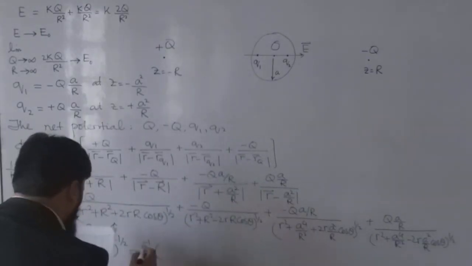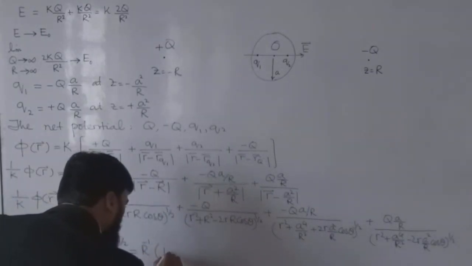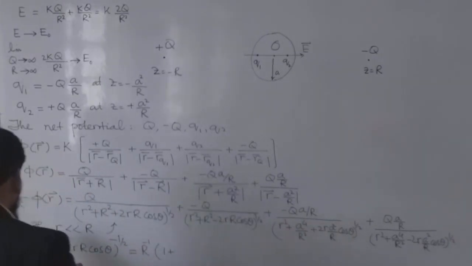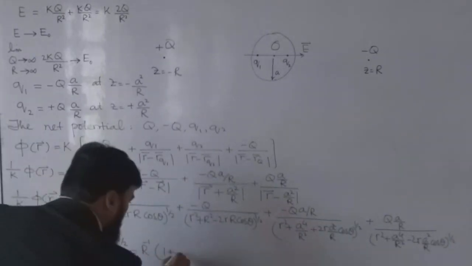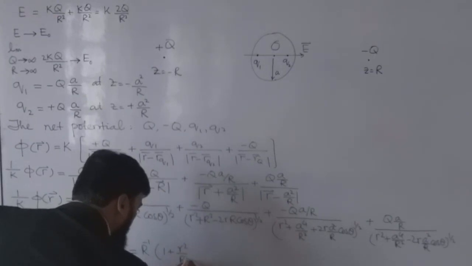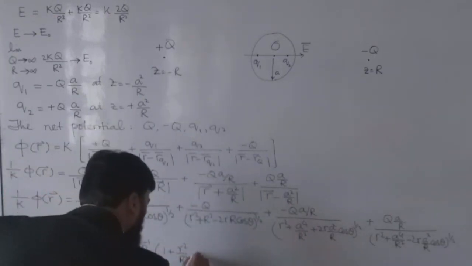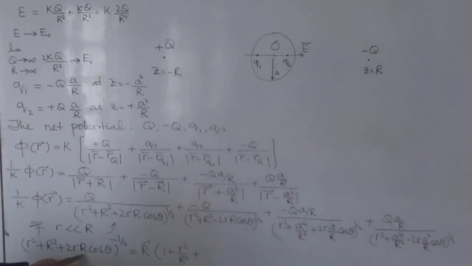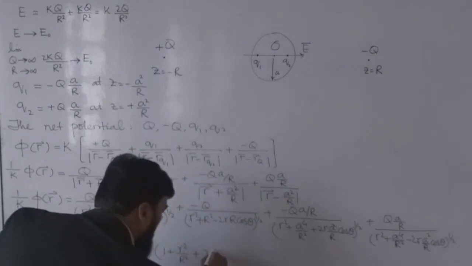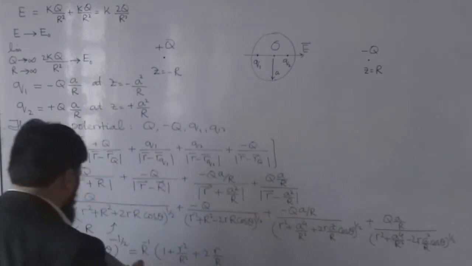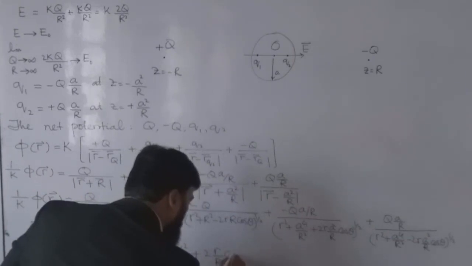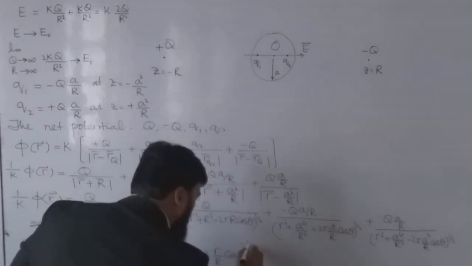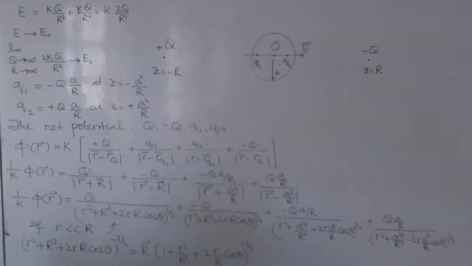So I can write R minus 1 times 1 plus r square over R square plus, when this is divided by R square, one R will cancel with one of the r, so it will be 2r over R and cos of the angle, and the power will be minus half.